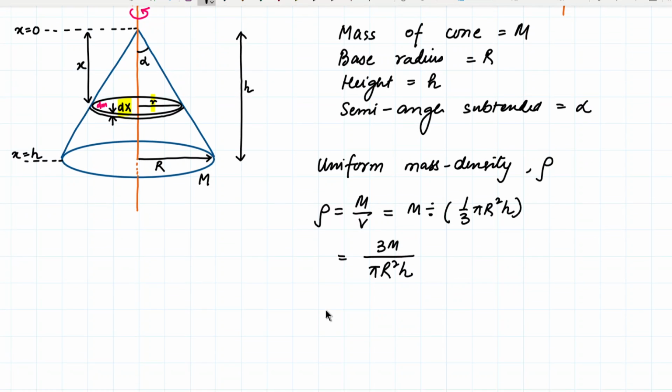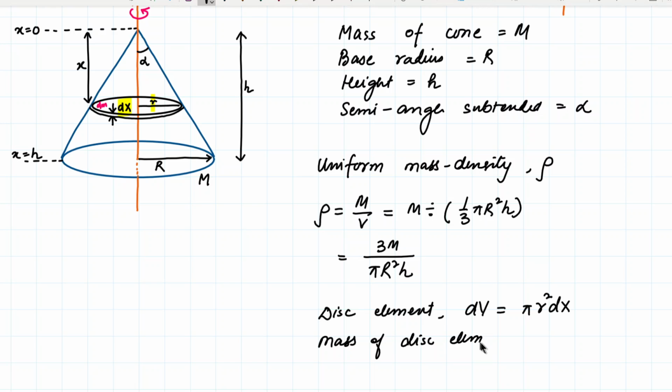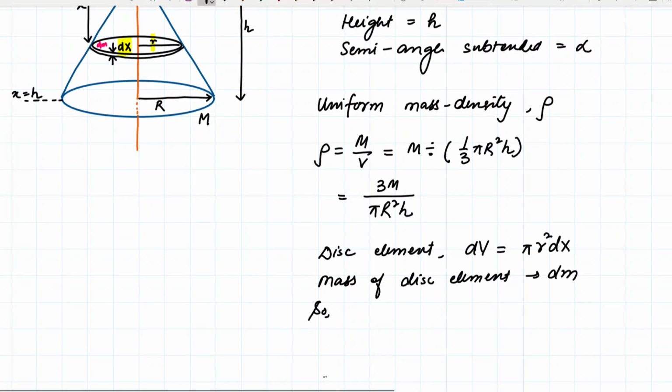Now for the disk element, what is the volume of a disk element dv? It is pi r square dx. And the mass of the disk element dm is rho dv, since uniform mass density rho is dm upon dv.